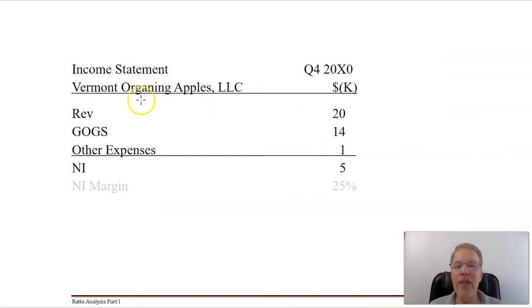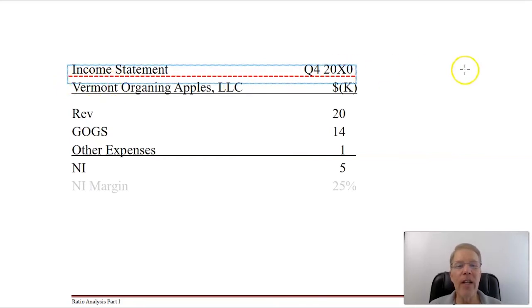Here is their income statement from Q4 in the year 20X0. They've got revenue of $20,000. They've got cost of goods sold expense of $14,000, and other expenses, like their accountants and stuff like that, of $1,000.